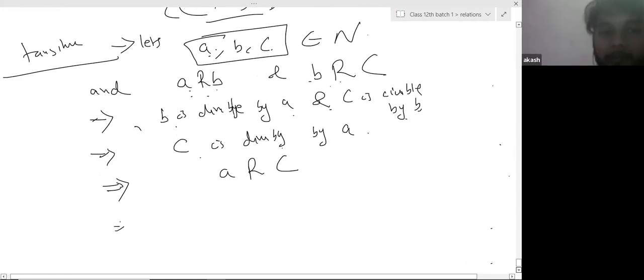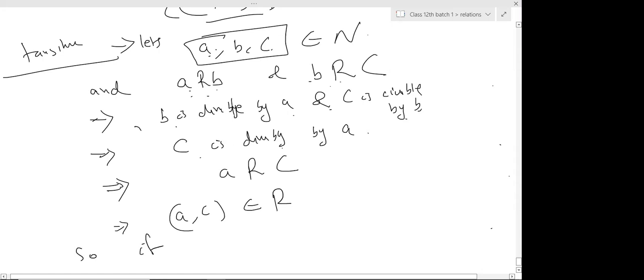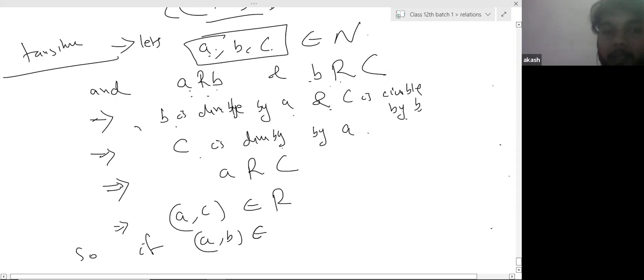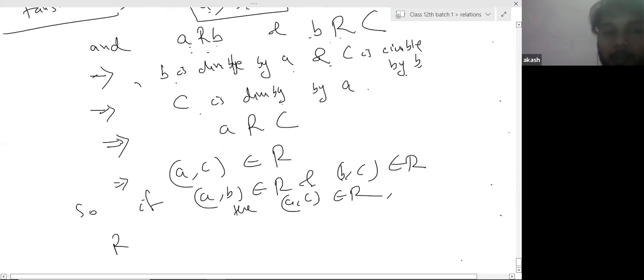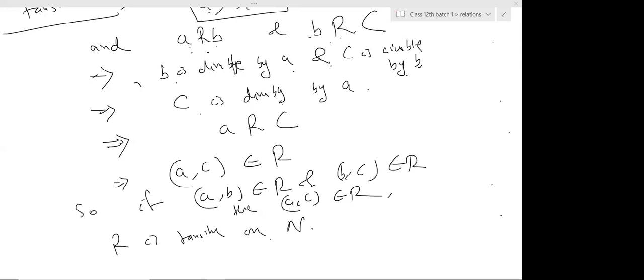So we can say A comma C belongs to R. If A comma B belongs to R and B comma C belongs to R, then A comma C also belongs to R. This means R is transitive on N. Is this clear to everyone or not? Yes, sir.